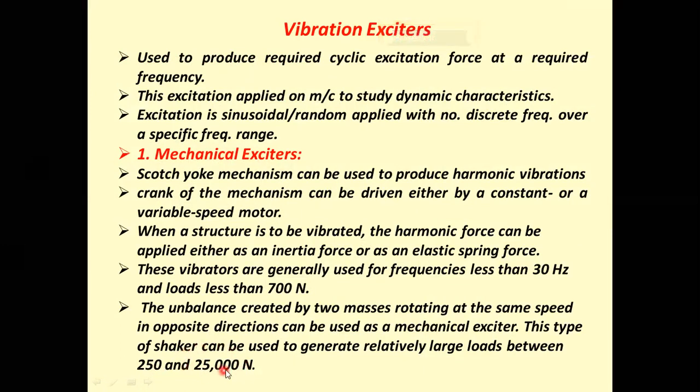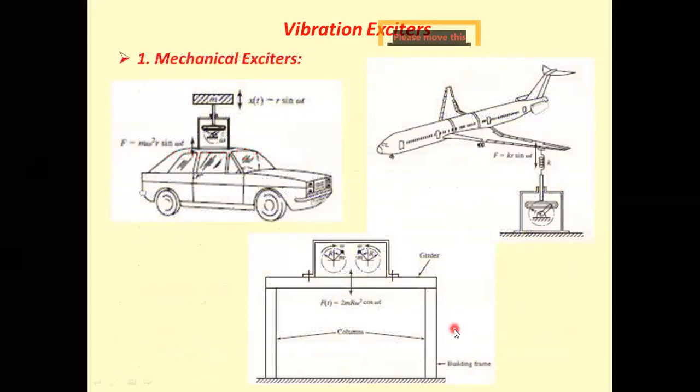So this second type of exciter, when two masses are rotating, produces a force ranging from 250 Newton to 25,000 Newton. And this first type, that is the Kirchhoff mechanism type of mechanical vibration exciter, is used to generate a load which is less than 700 Newton.